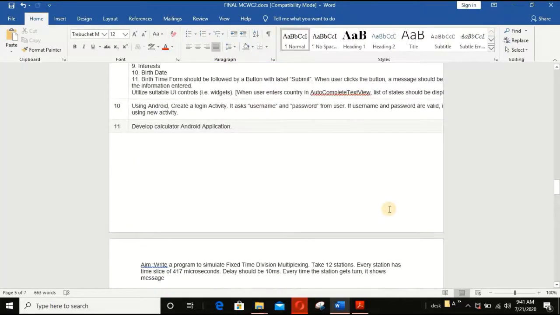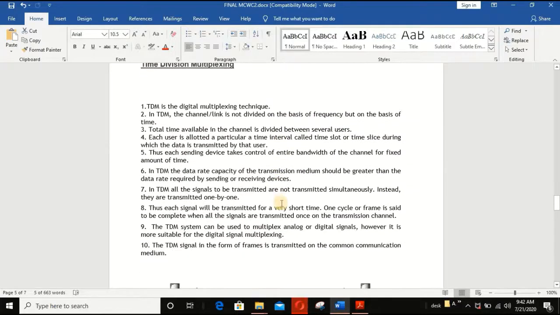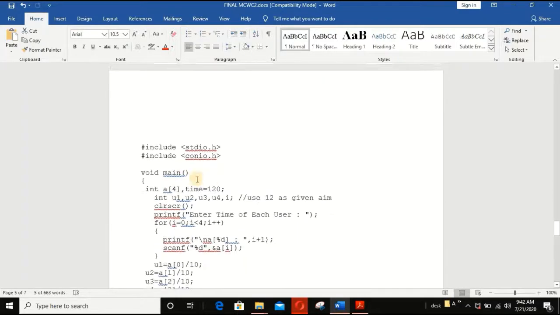So in our program there is time division multiplexing. Here 12 stations are used. That means we require 12 users. Every station has a time slice of 417 microsecond and delay should be 10 millisecond. So let me try to understand this program.